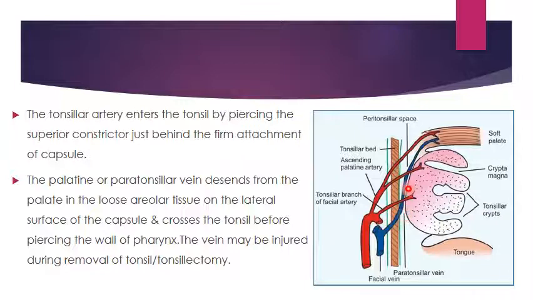Here you can see that the palatine vein or paratonsillar vein runs very close to the palatine tonsil, and this relation is very important because the vein may be injured during removal of the tonsil, or tonsillectomy.